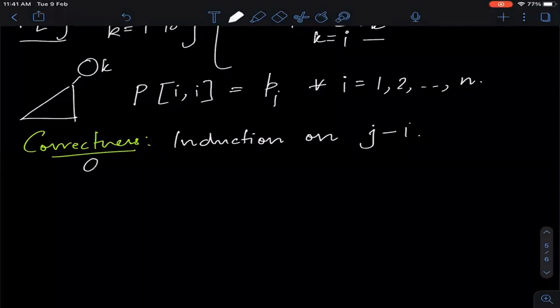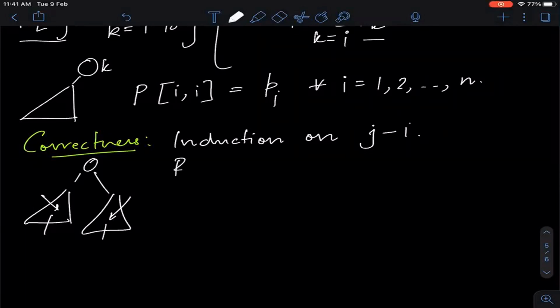If you just look at your subtrees now, each of these subtrees has a value of j minus i less than the original problem. So you can apply the induction hypothesis. You still need strong induction. So you apply strong induction on both of these, and the rest just follows from the optimal substructure result that we proved. The only thing you have to realize is you need to do induction on j minus i.